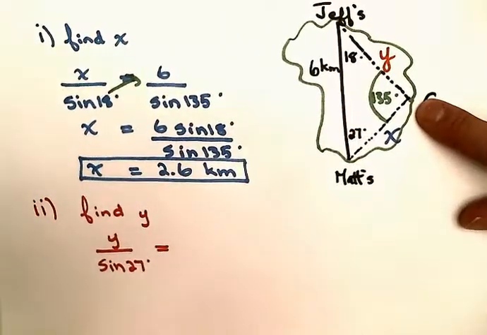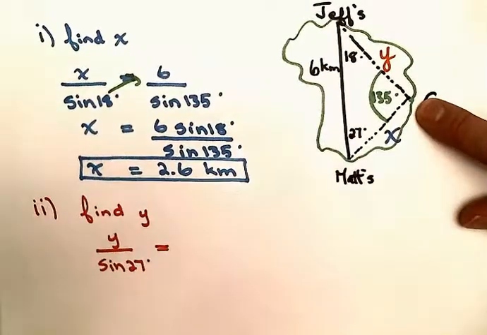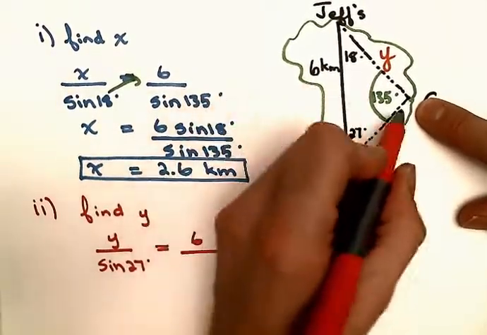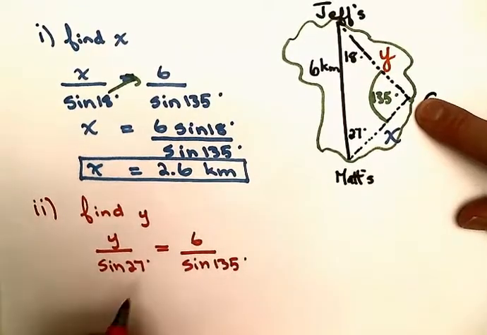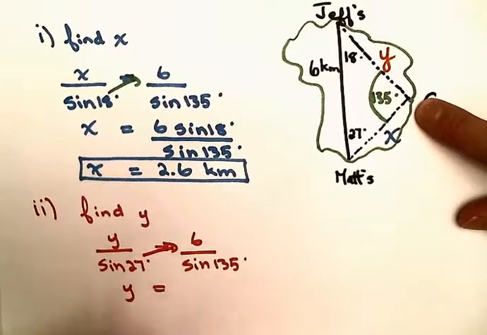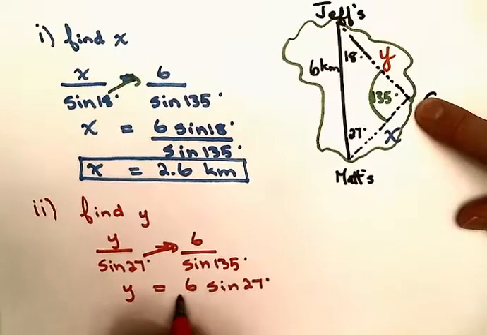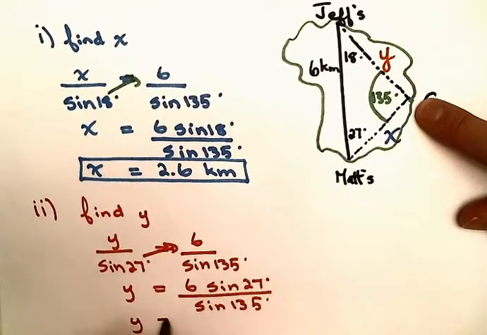You're pretty confident with that 135. I mean, all triangles add to 180, so it's definitely 135 there. So you want to go with 6. He's known, and his corresponding angle is sine 135 degrees. You want to cross multiply, and we've been doing this a lot, so 6 times sine 27 degrees over sine 135 degrees, and that goes directly in your calculator.